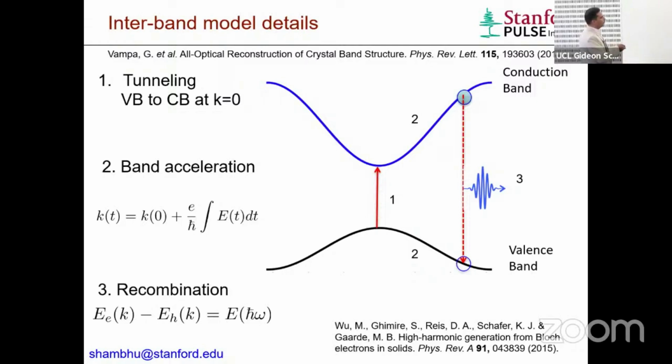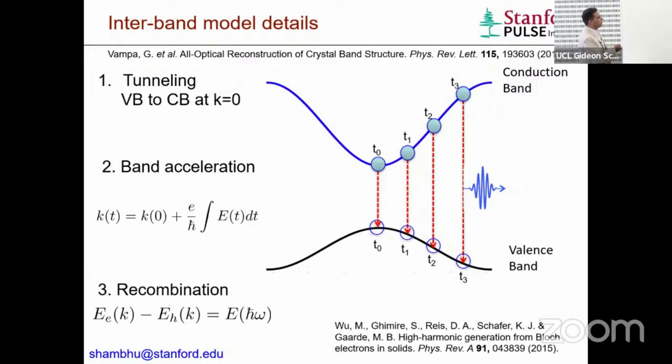But if you were able to measure the emission time of these harmonics, when the electron was being driven from time 0 to T1, T2, and such, the recombination at these different times would also give a high harmonic photon, but of lower photon energy, right? Because of the lower momentum dependent band gap between this valence and conduction band. So if you had a way to measure the emission phases of these different harmonics, then you have a way to probe this momentum dependent band gap in materials.